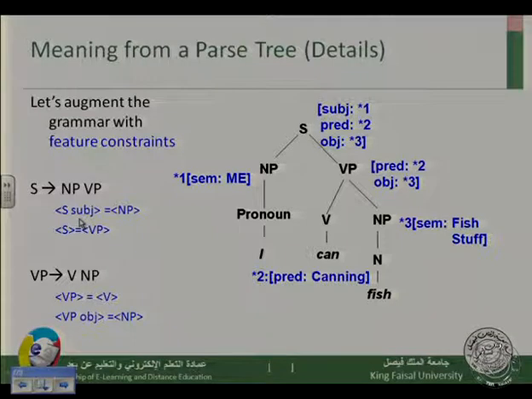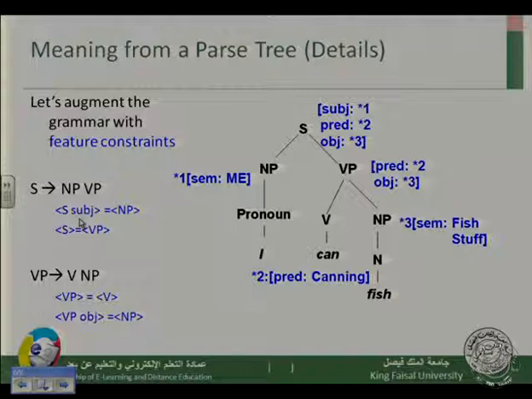Here we added to the sentence meaning: I am doing the canning, and here we say this is the object. The fish stuff is the object, and here we have the verb. Canning is the verb.